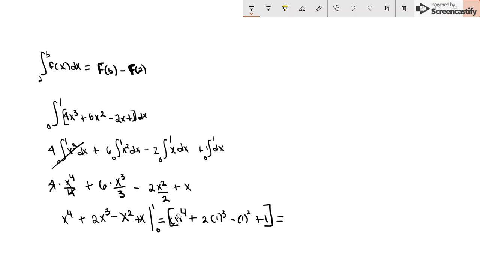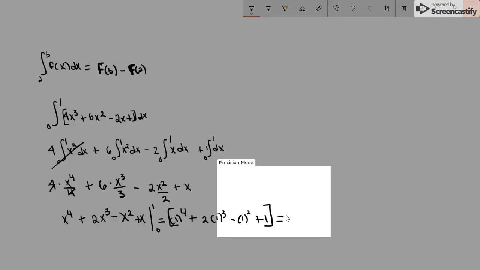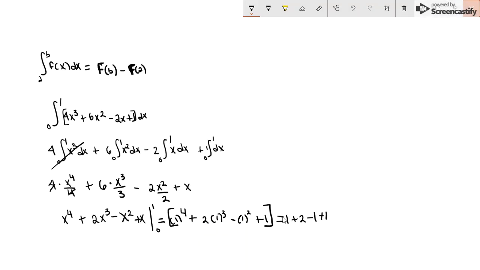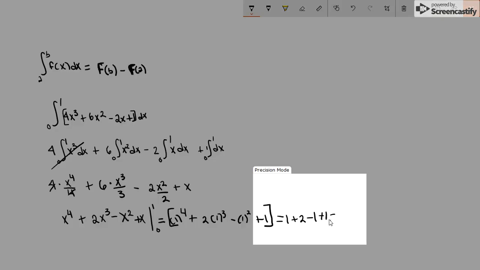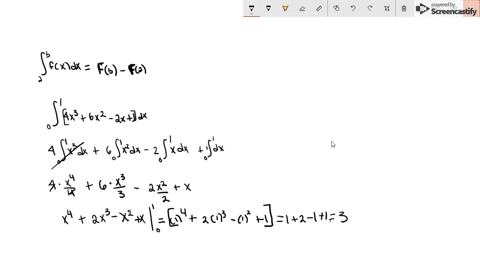So 1 to the 4th power is 1. 1 cubed times 2 is 2. 1 squared is 1, but negative, so minus 1, plus 1. So 1 plus 2 is 3, minus 1 is 2, plus 1 is 3. And that is your final answer.